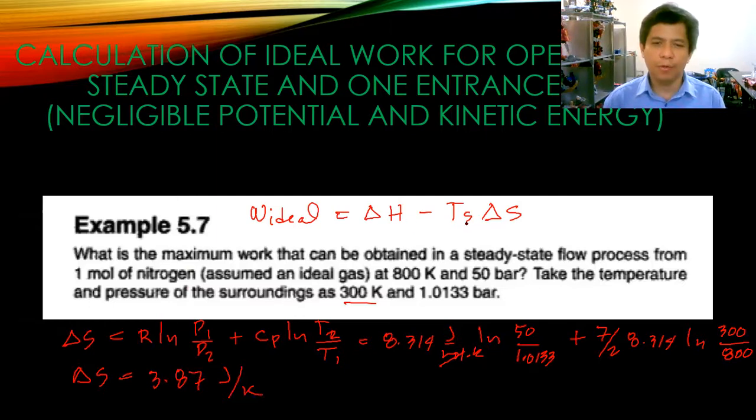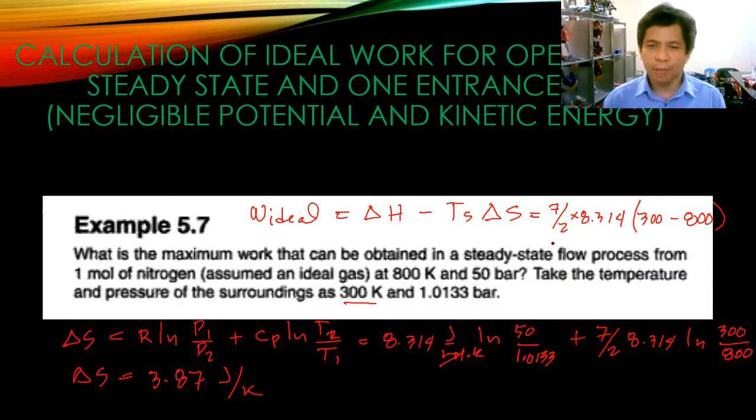Right now, we're ready to calculate W ideal. W ideal is, first, Cp delta T, so 7.5 times 8.314, times the final temperature of 300 Kelvin minus 800 Kelvin.